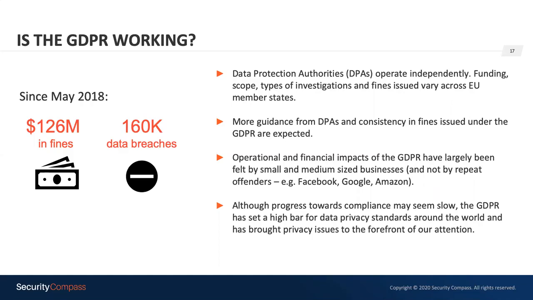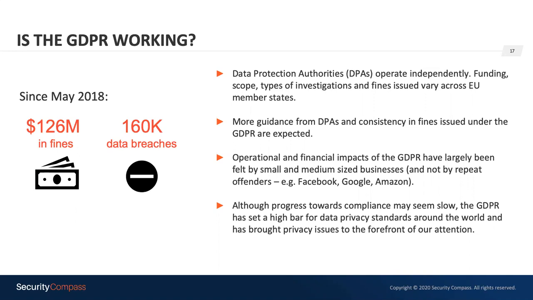Administrative fines can be directly issued by data protection authorities or DPAs across the various EU member states in cases of non-compliance. These fines can total up to 20 million euros or 4% of global annual turnover, whichever is higher. The penalties also depend on the nature, gravity, and duration of the infringement.